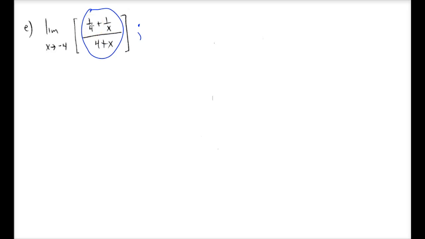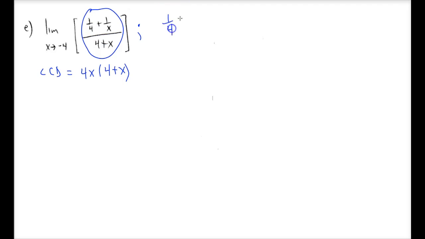So to make things easier, I am going to multiply the numerator and denominator of this particular function by the LCD of all of the denominators. In this case, my LCD will end up being just 4x times (4 plus x).